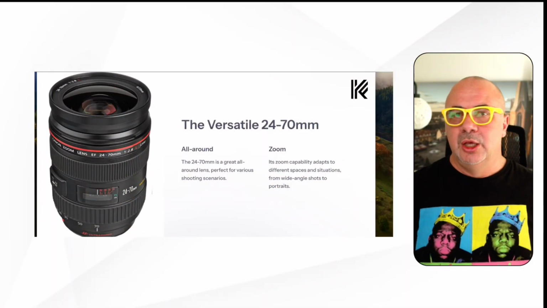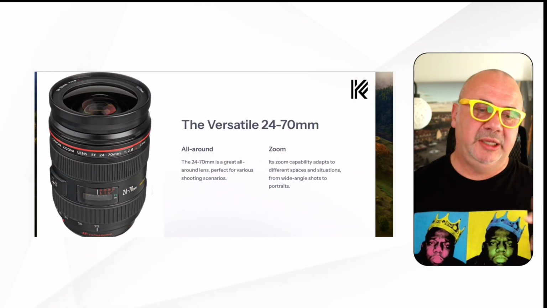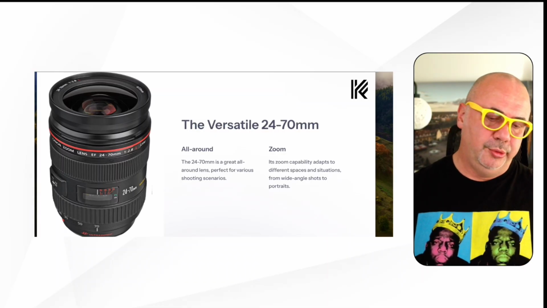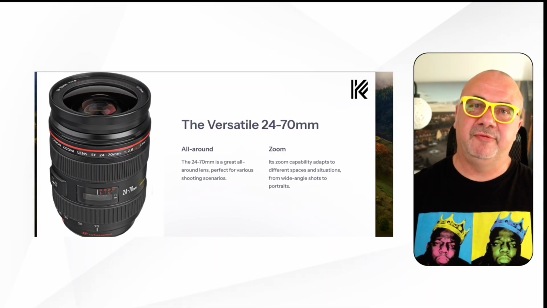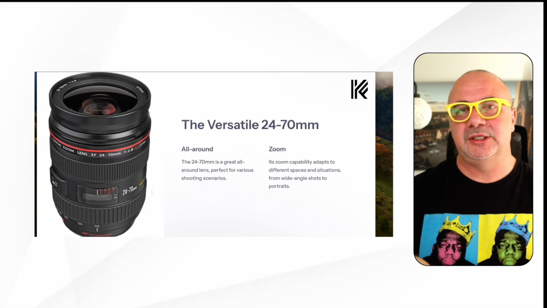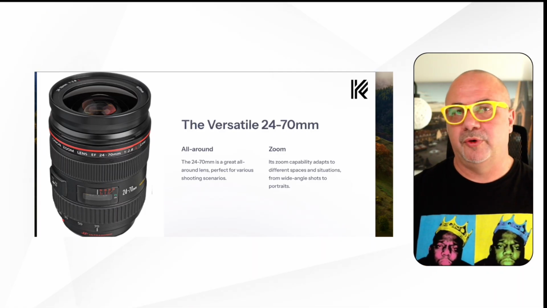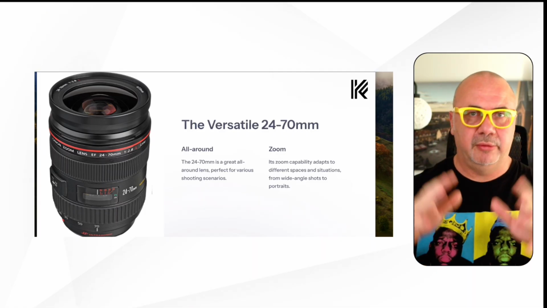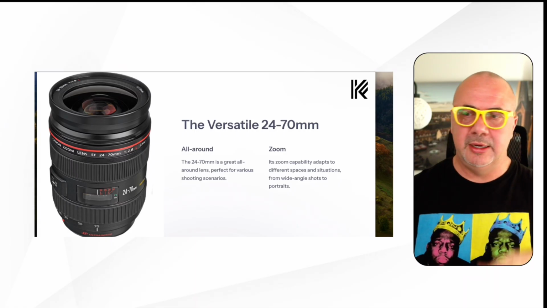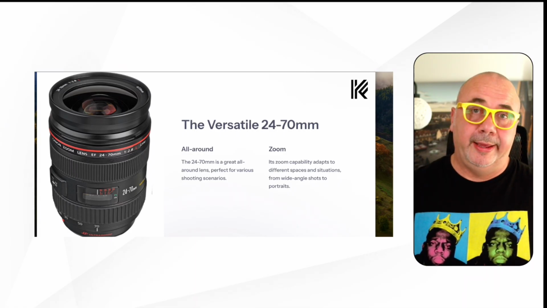So, all right, let me just run through the lenses and tell you what my take on this is. So 24-70, I picked this lens as a go-to at the very beginning. If this is the first lens you're investing your money in, go with 24-70, whether Canon, Nikon, I already told you, or some other brand. Why?